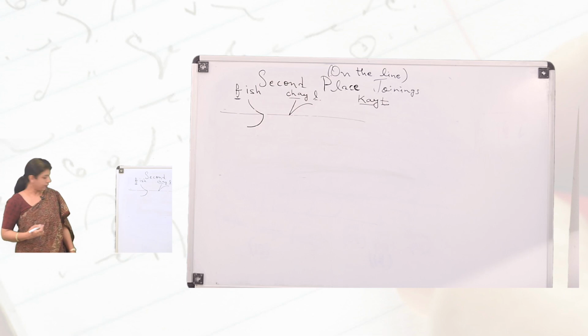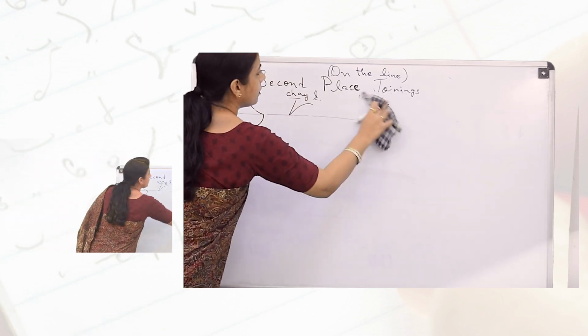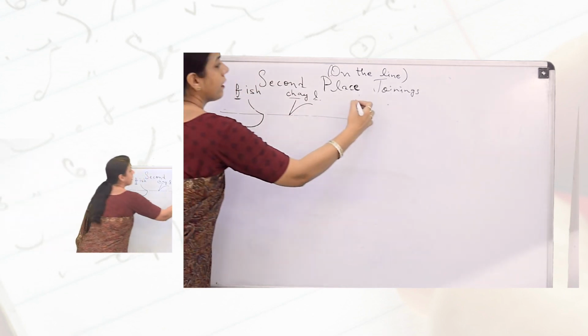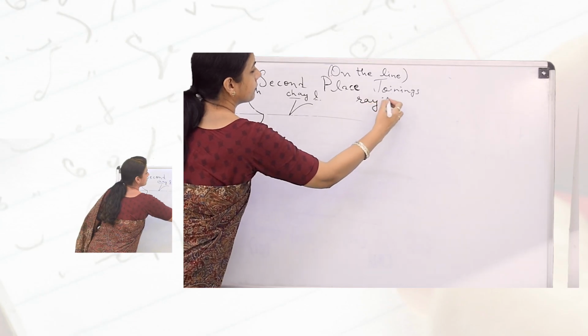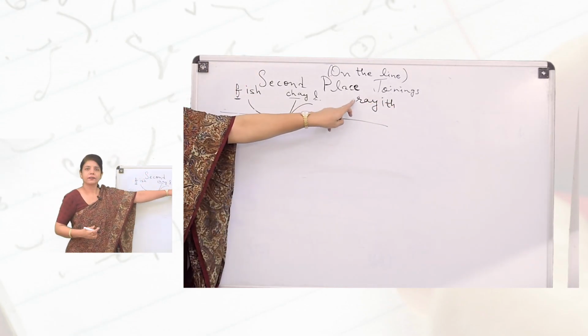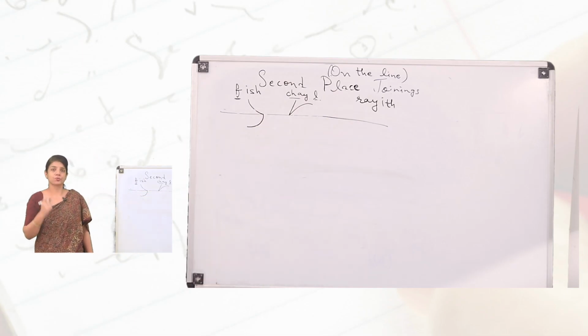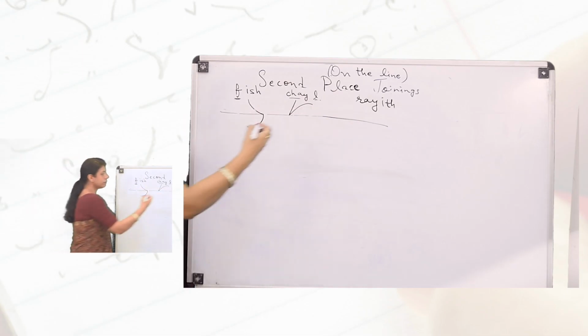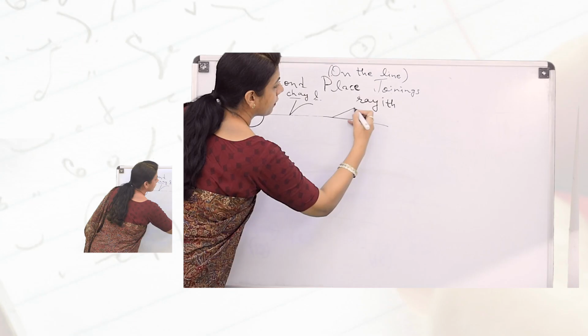Now the next example, we'll take Re and Ith. Re, being the first consonant, is an upstroke. How is an upstroke written? From bottom to top, Re.